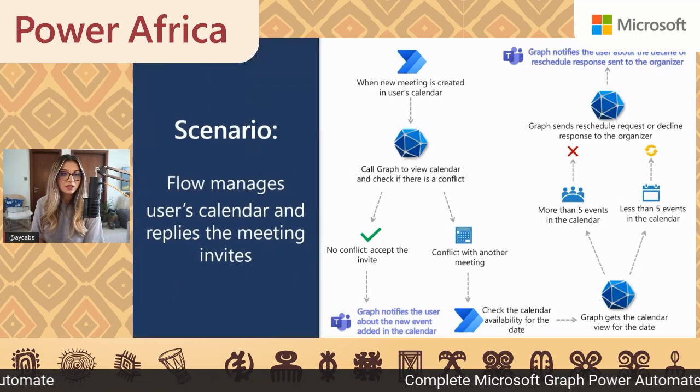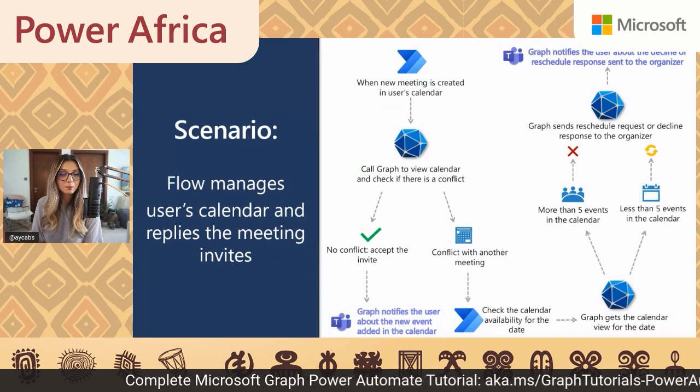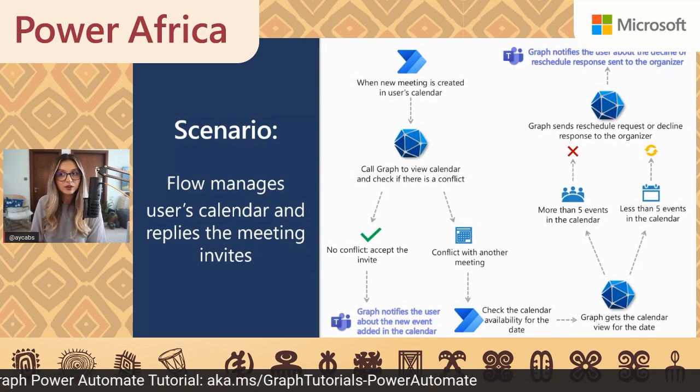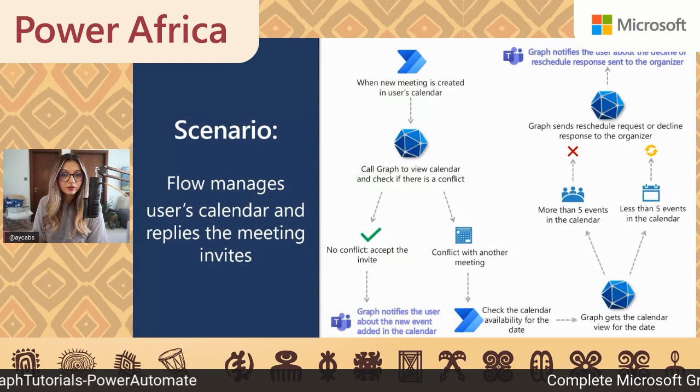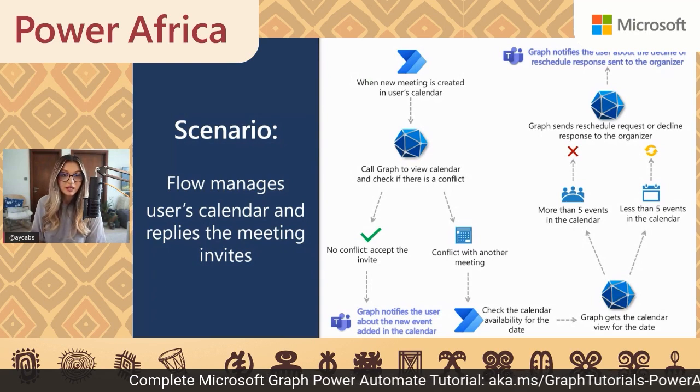And I decided to build this solution for my own calendar. So the scenario is: Flow manages users' calendar and replies to the meeting invites. Of course, using some AI here would definitely improve the solution, but even this way, with Flow, without adding anything, just using Power Automate building connectors helped a lot.